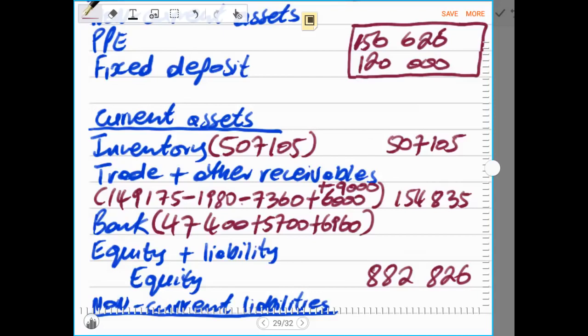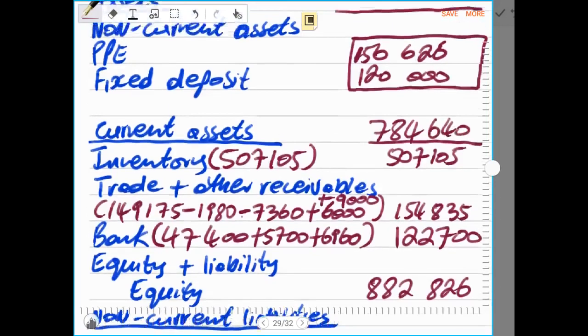Then our bank, we have to add the three amounts, plus 69,600. That will give us 122,700. Therefore, now we have to continue adding the sum of our current assets: 154,835 plus 507,105. That will give us a total of 784,640.